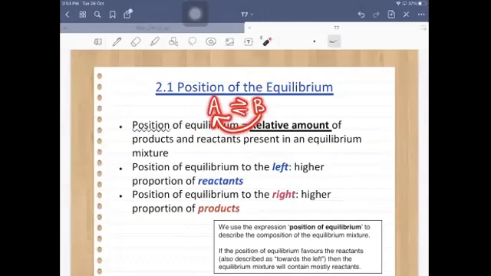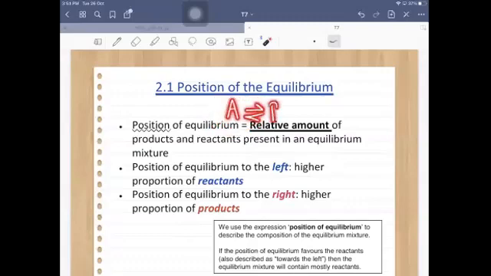The word relative means you have to compare how much more one is than the other. The most important thing is no one, A or B, is ever zero in an equilibrium. If it's zero, that means it's no longer equilibrium. It's probably an irreversible reaction. What if it's the other way?